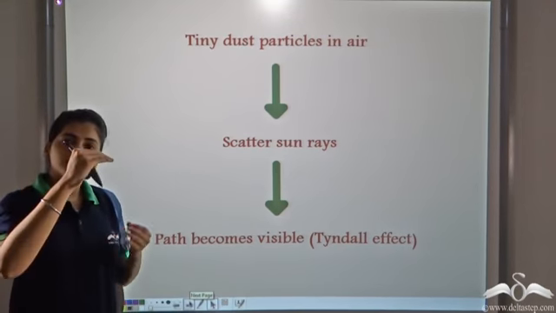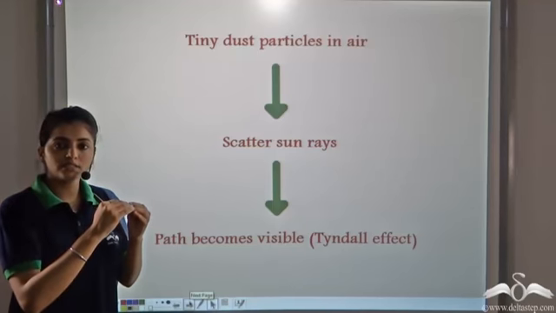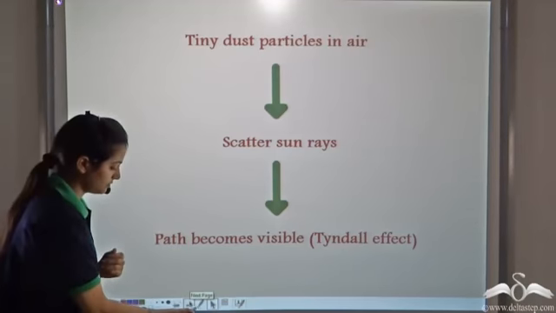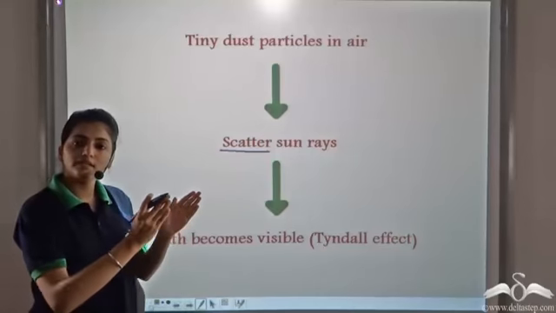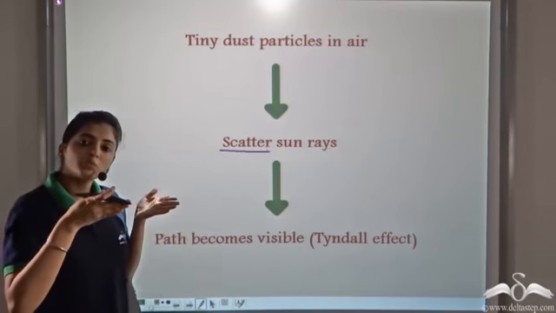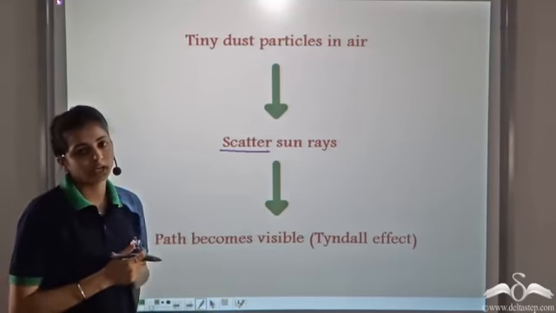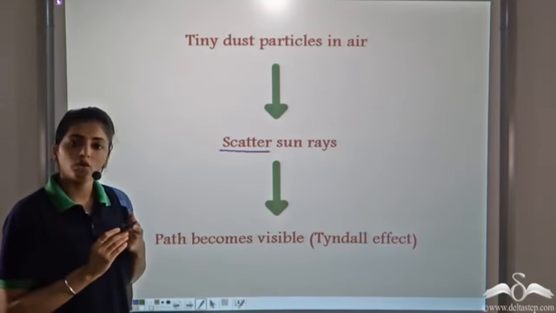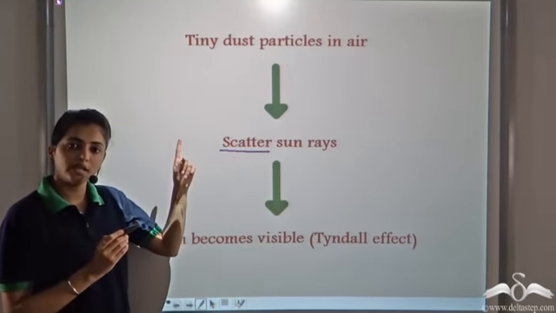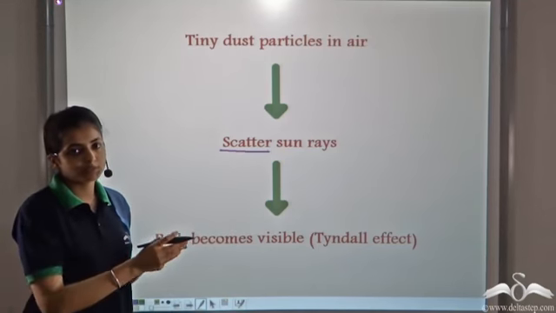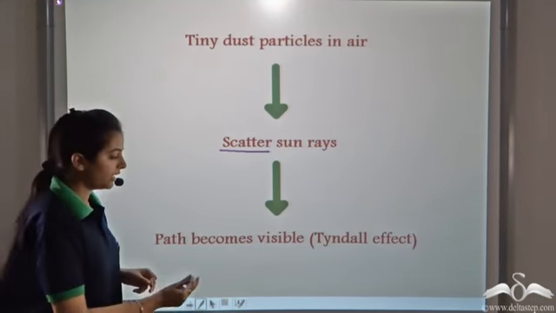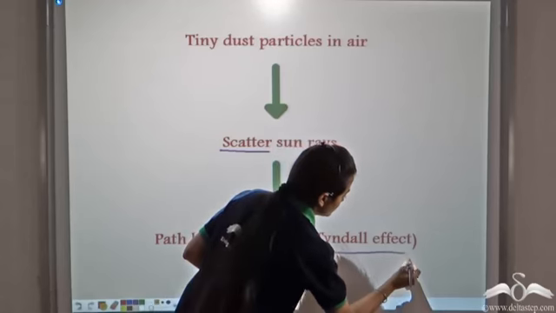As the sun's rays strike these dust particles, the light rays scatter. As they are scattered, they take a wider area now, so we can see the path taken by the light rays. So the dust particles which are present in air scatter the sun's rays, and so the path of the rays becomes visible. And this effect is known as Tyndall effect.